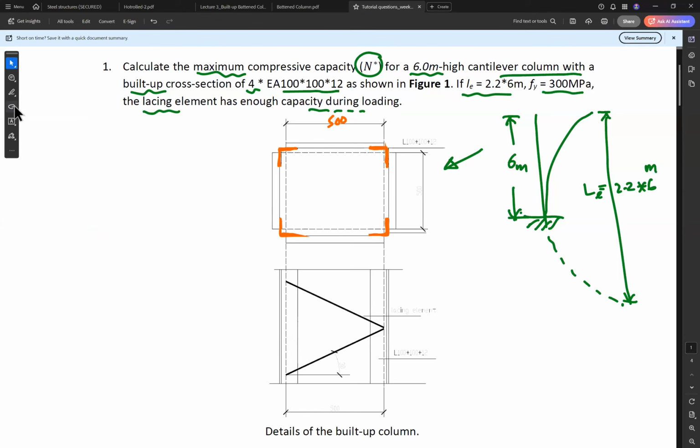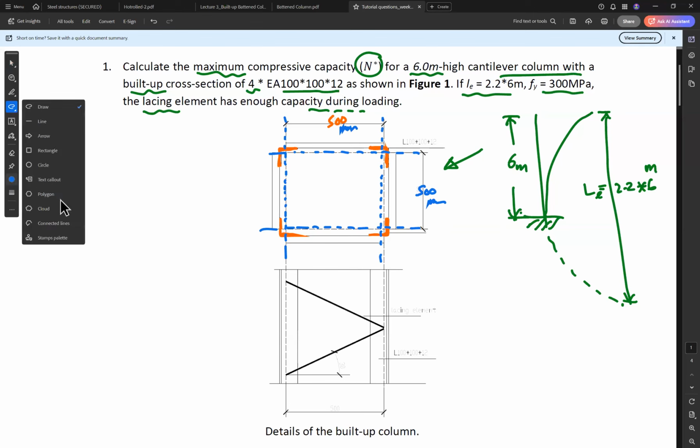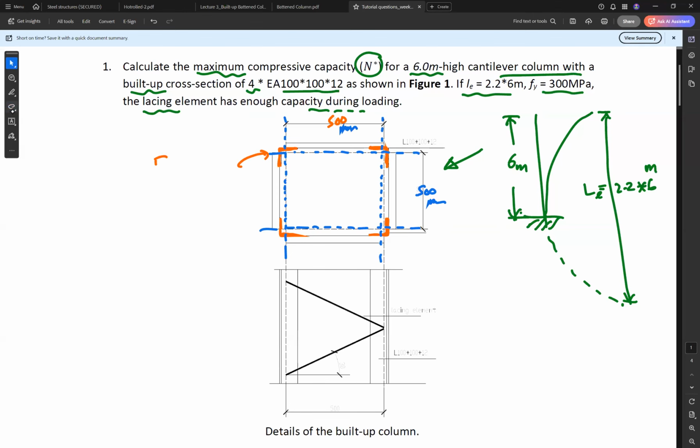The distance between the centroid of this angle line to this angle line is 500 millimeter, and also in the other direction, from the centroid here to the centroid here, is 500 millimeter as well. And here is our section. Section is equal angle 100 by 100 by 12 millimeter.